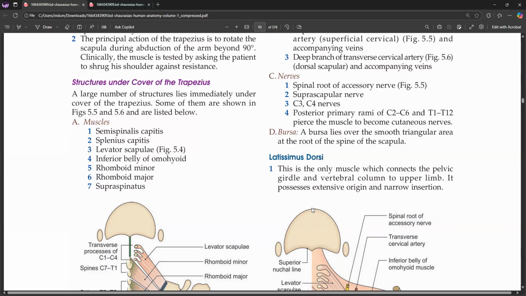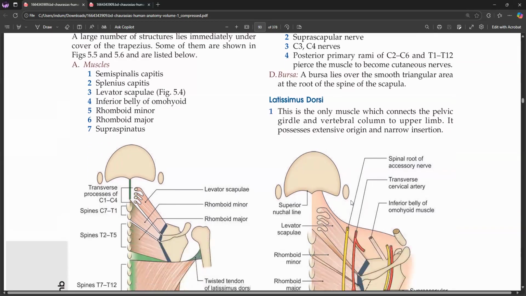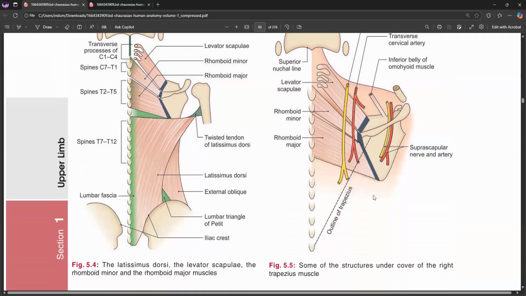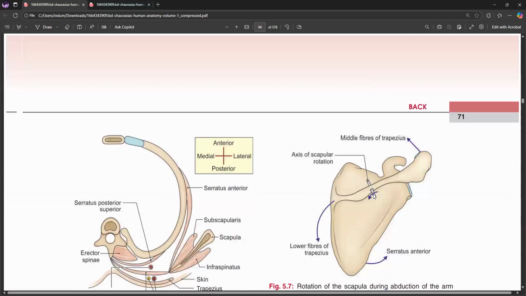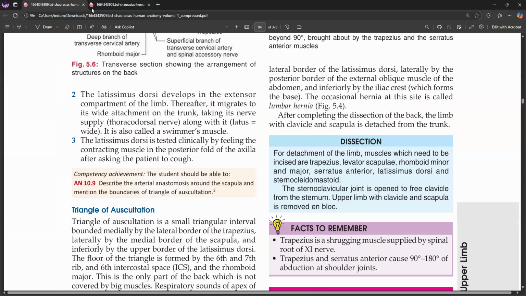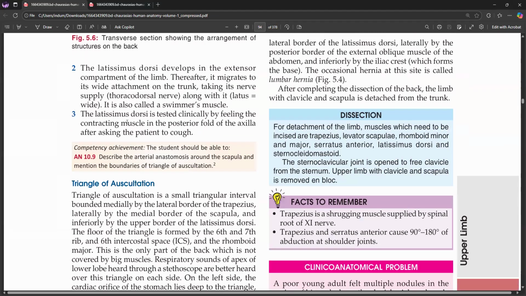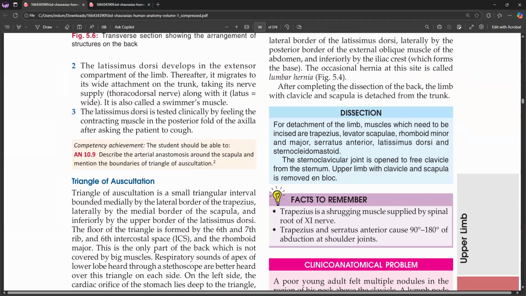Latissimus dorsi. This is the only muscle which connects the pelvic girdle and vertebral column to upper limb. It possesses extensive origin and narrow insertion. The latissimus dorsi develops in the extensor compartment of the limb.